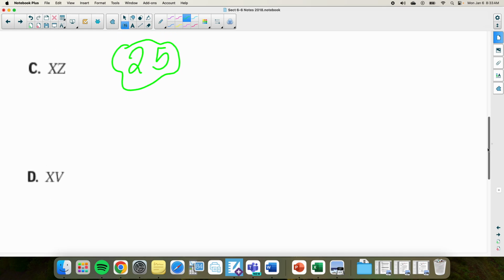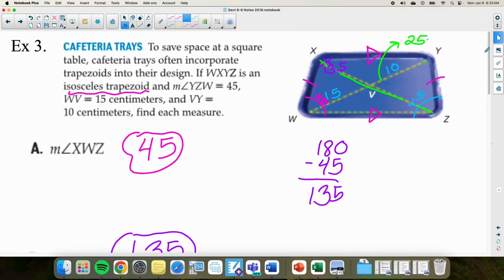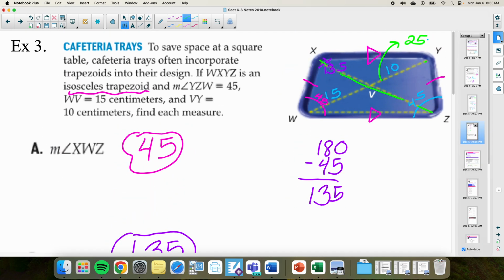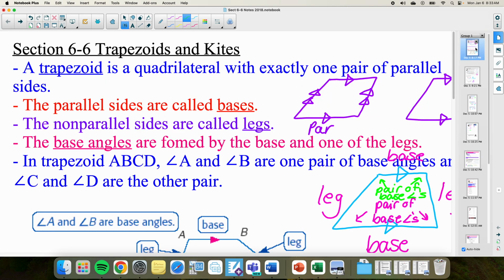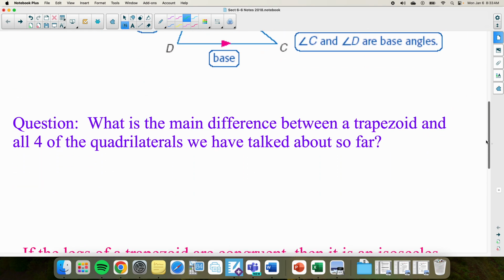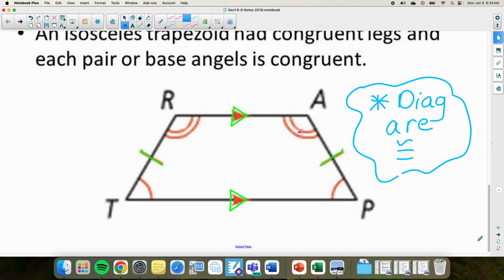And then this last one is asking us for xv. So I want to go back to your cheat sheet for 1 second. Okay, so go back to this right here. Let's draw diagonals here on your actual cheat sheet that you can use for the test.